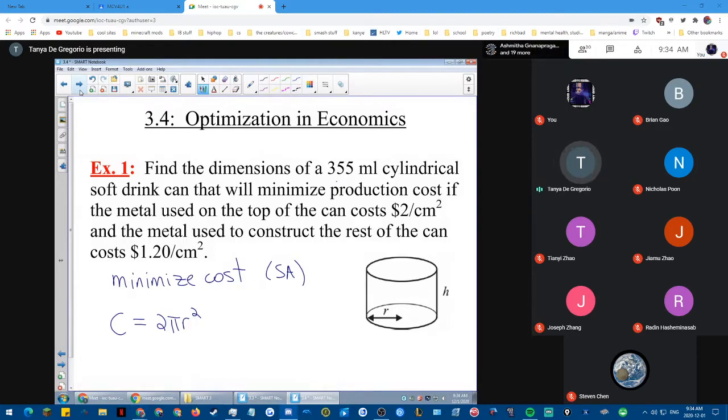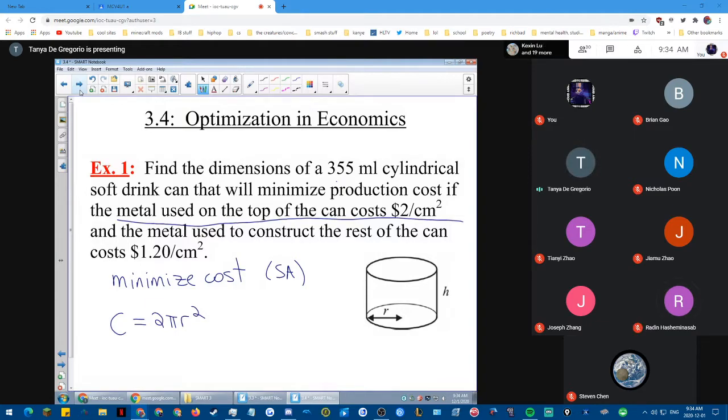But do they both cost the same amount to build? No. The metal used on top is $2. There's just pi r squared, times $2. So it's still 2 pi r squared, but it's because of the value, not because there are two circles.